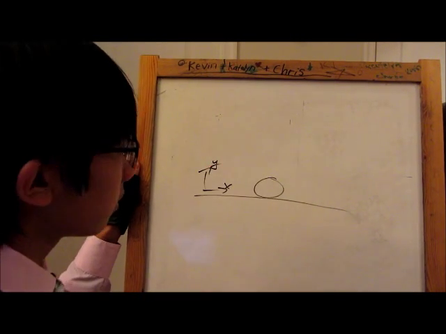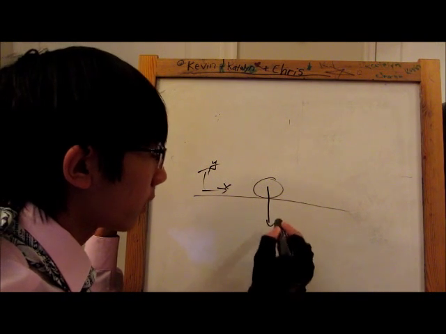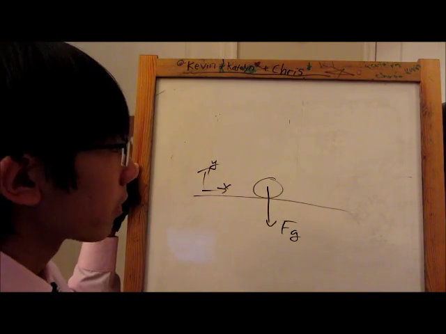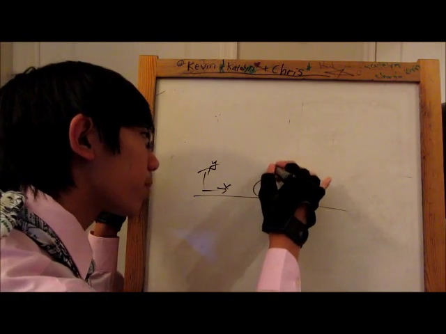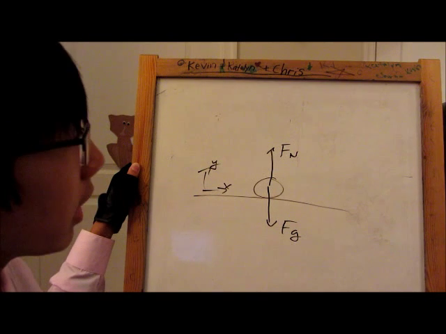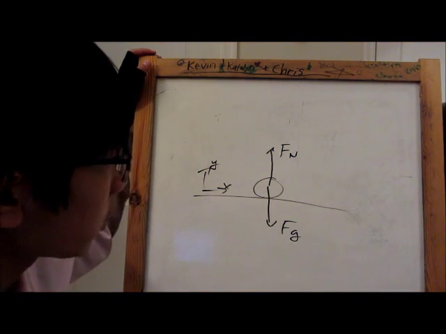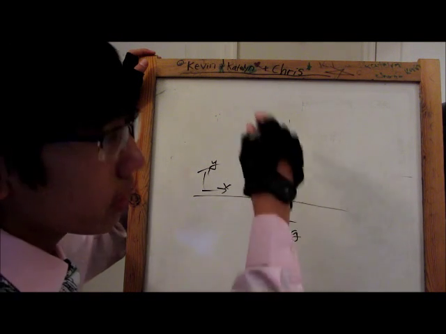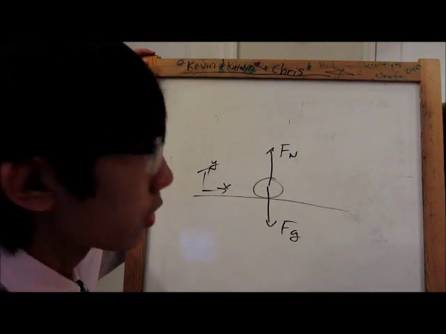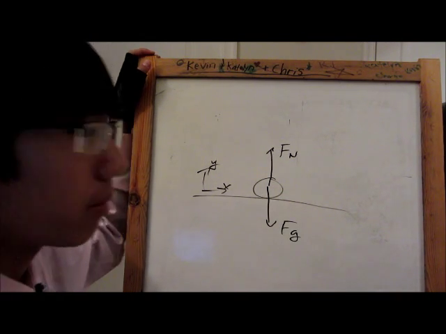This is our y-axis. And you know that there's gravity, the force of gravity, acting upon this ball. But there's also F sub n, the normal force, which is pushing perpendicular to the surface against the force of gravity. So that way it's not in motion, but there are still forces acting upon it.